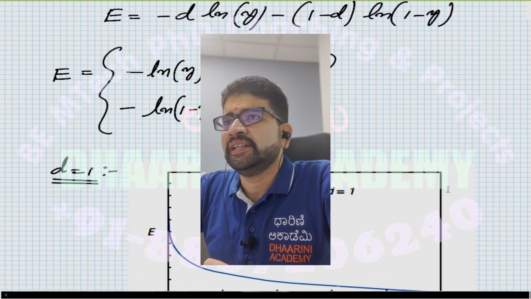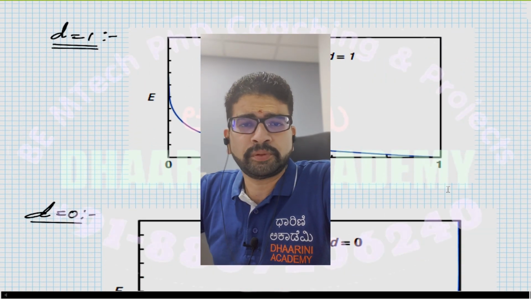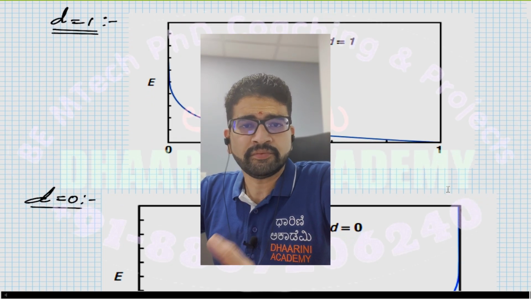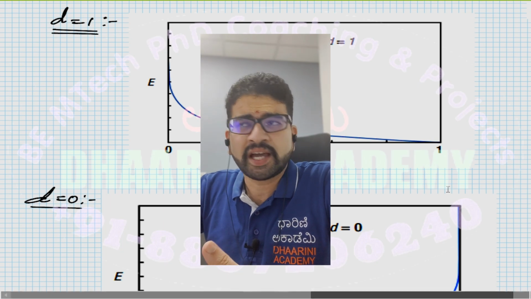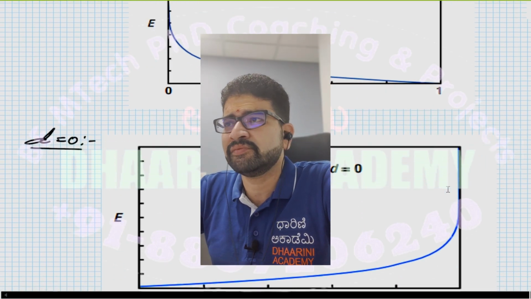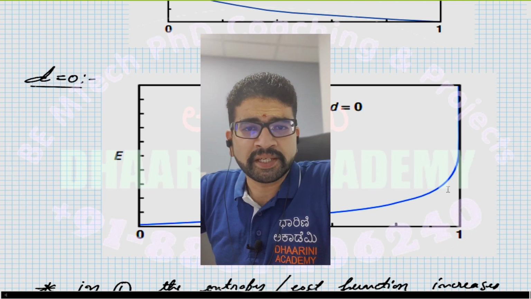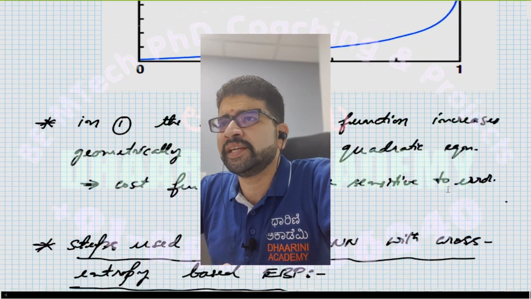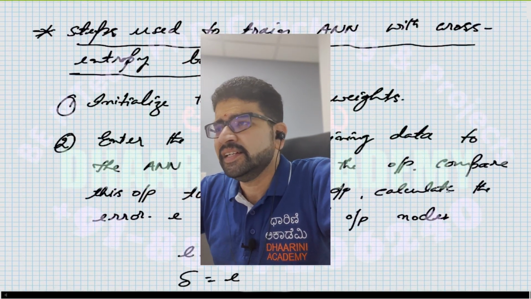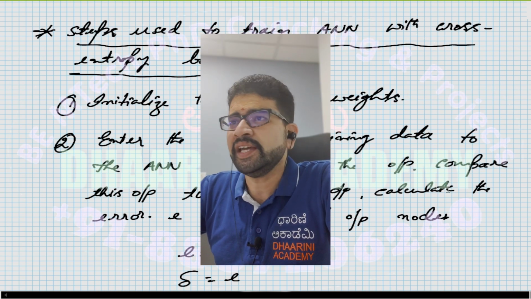We also checked how the plots look. If the desired value is 1, we have a decreasing function with y, and if d is equal to 0, we get an increasing function with y. In both cases the cost function increases with the error.